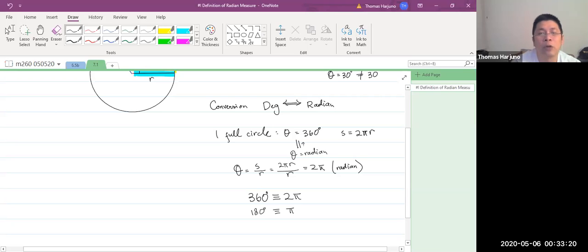Now, to help us with visualization, suppose this is my angle in degrees: 0 degrees, 90 degrees, 180 degrees, 270 degrees.